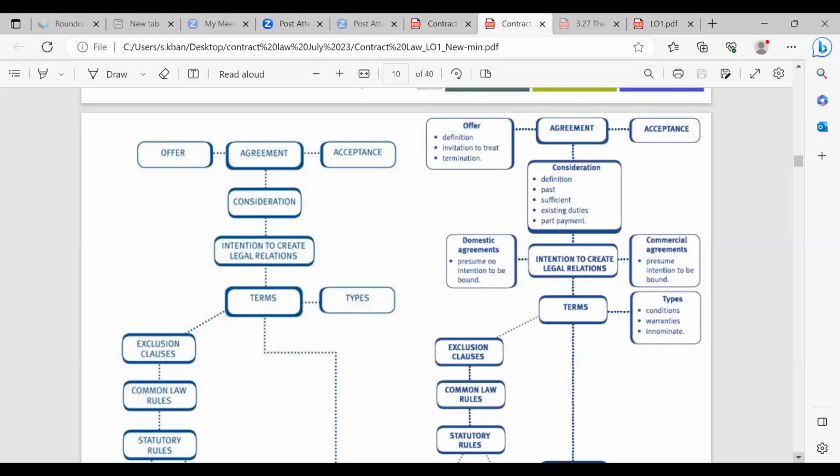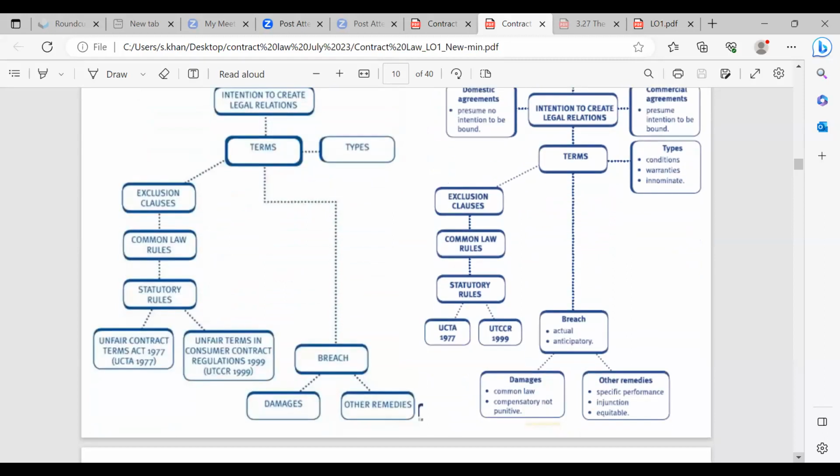And then the terms. So if there are any terms you want to agree, you will put that in the contract. Any sort of conditions, warranties, indemnities, and these will bind the contract together and identify that there is a contract made. Then you will have exclusion clauses, common rules, and statutory rules.